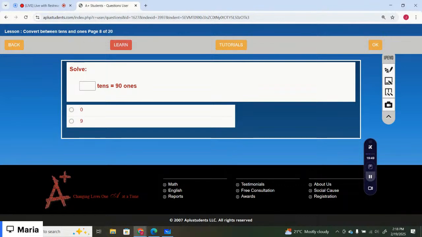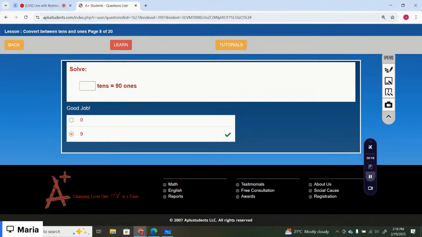Ninety ones equal how many tens? 90 ones equal 9 tens. Option number 2 is the correct option.